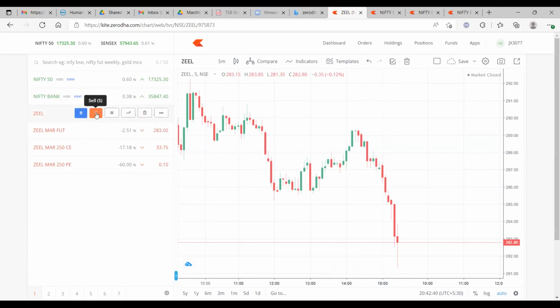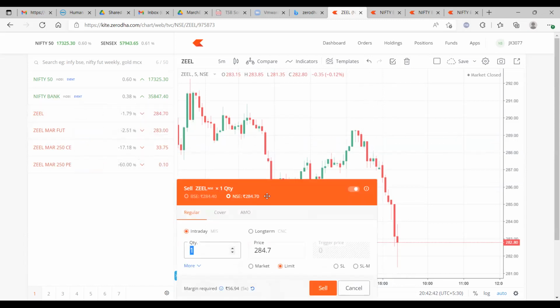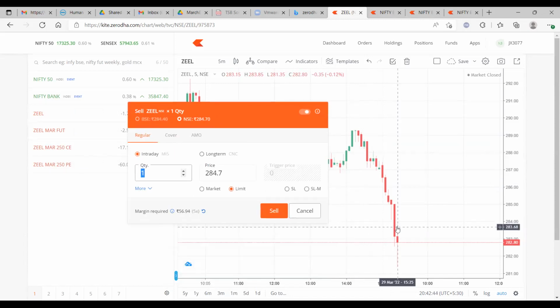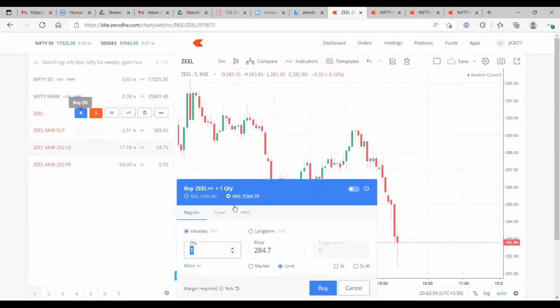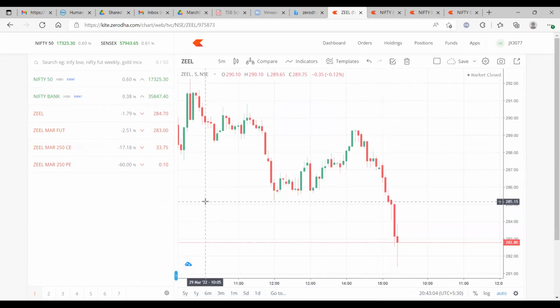So what am I going to do? I'm going to first sell. The first action I'm going to take when the price is coming down is sell. So sell high, which is 288, for example. I'm going to sell first. Click on this. Once the sell is triggered, I'm going to buy. At what price? Say, for example, somewhere around 284. This is the action we are taking in terms of buy and sell.